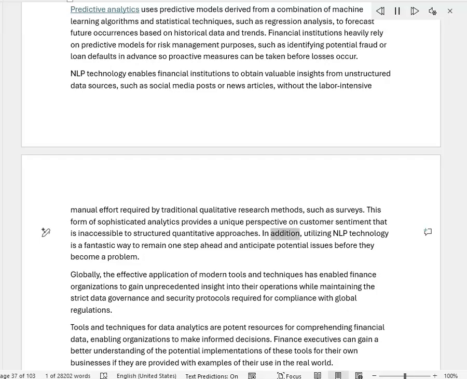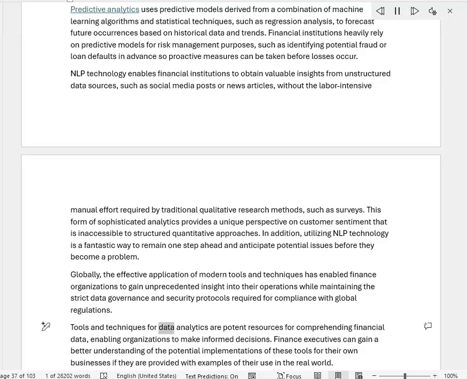In addition, utilizing NLP technology is a fantastic way to remain one step ahead and anticipate potential issues before they become a problem. Globally, the effective application of modern tools and techniques has enabled finance organizations to gain unprecedented insight into their operations while maintaining the strict data governance and security protocols required for compliance with global regulations.